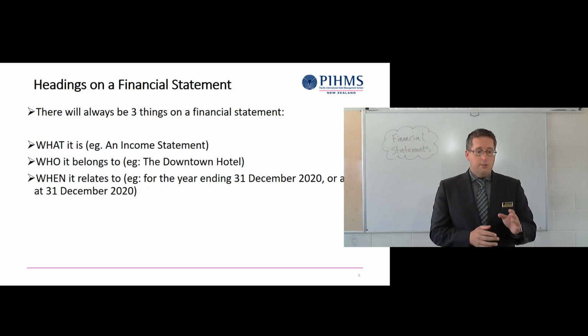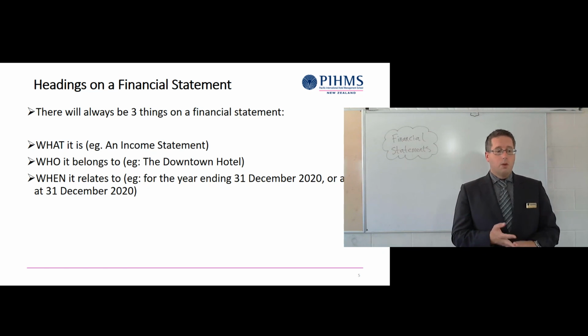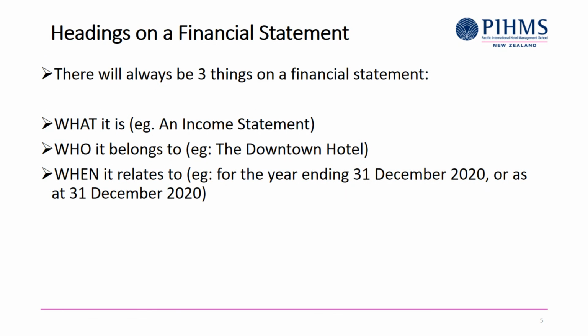So in that case, it's going to be as at 31 December 2020. So just know that that does change depending on the financial statement we're looking at, but you will have all three items: what it is, who it relates to, and when it is. Okay, so that's a really quick overview of financial statements and what we're going to be getting into.